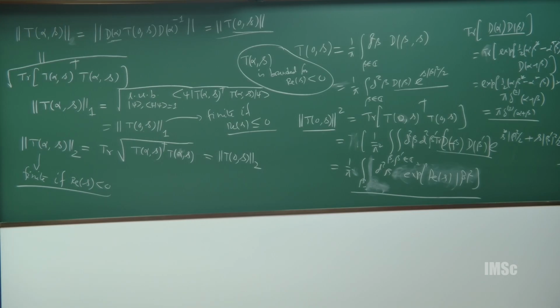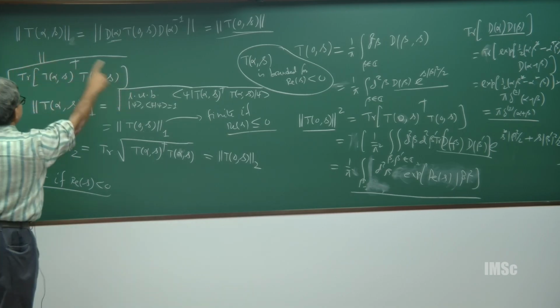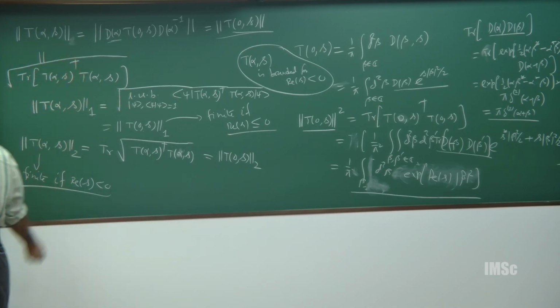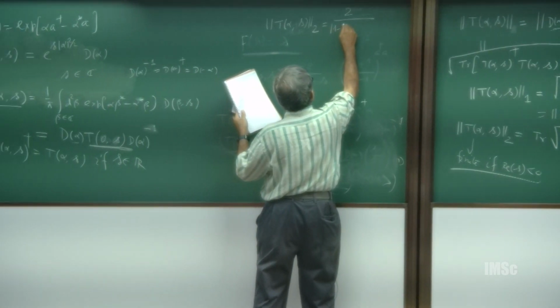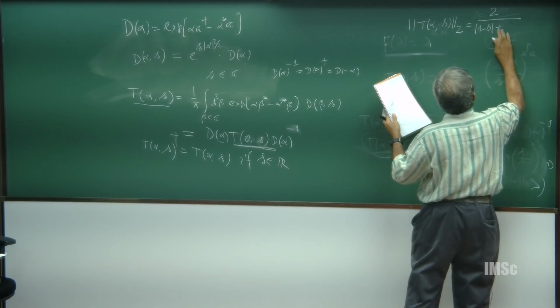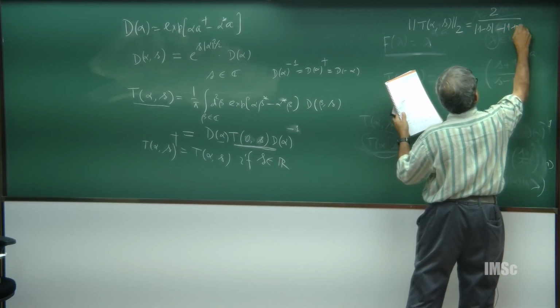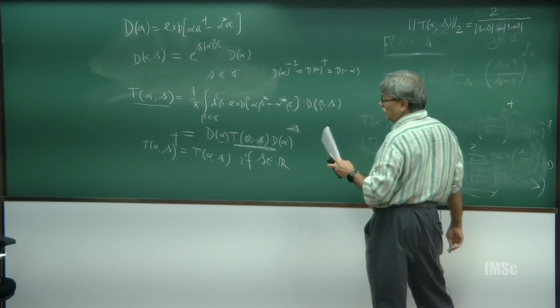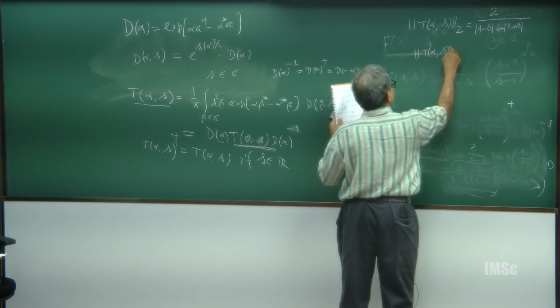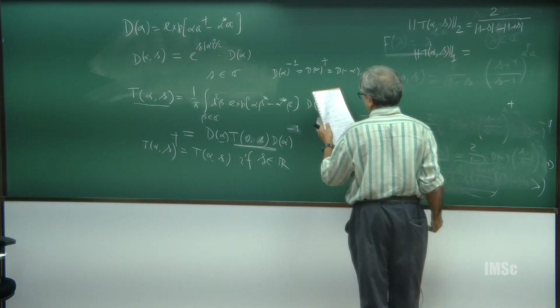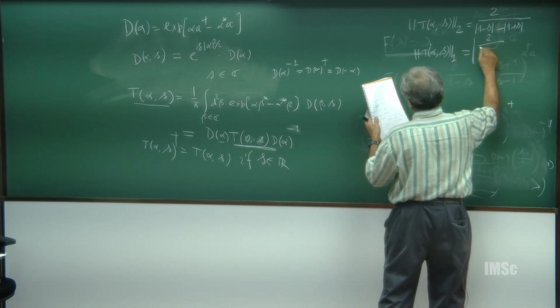So, norm of this thing we already figured out. What you can show is that the 2-norm of T of alpha s is equal to 2 by magnitude of 1 minus s, minus 1 plus s, okay, and the 1-norm of T of alpha s is equal to 2 by magnitude of 1 minus s.